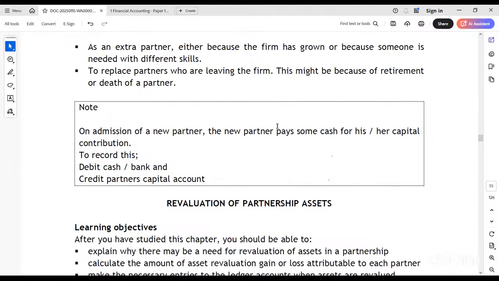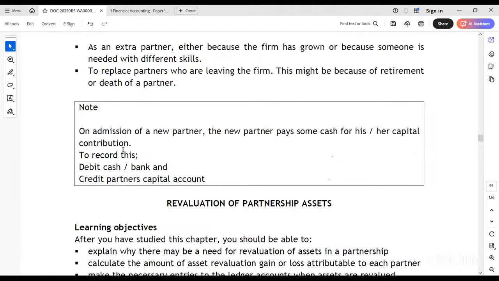Now, when a new partner is admitted, that new partner pays some cash for his or her capital contribution.